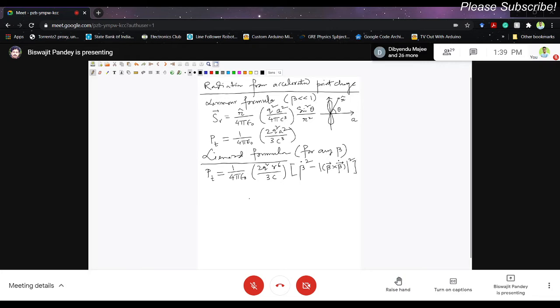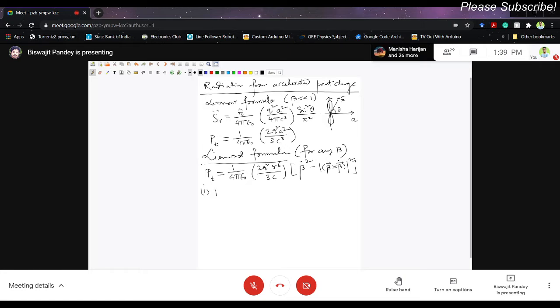So this was the power emitted. Clearly, when beta is much less than 1, this formula reduces to the Larmor formula, right?